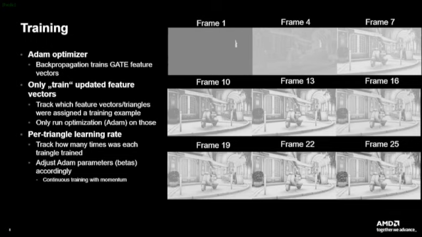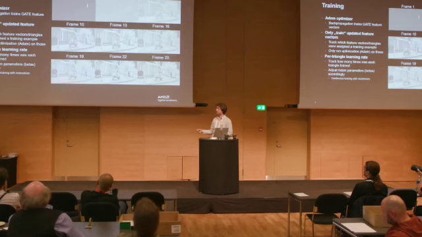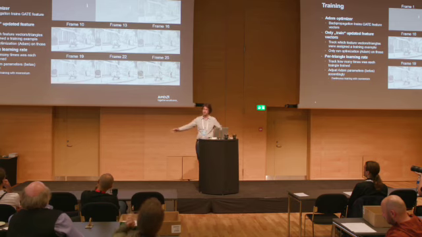With our solution, we can do this perfectly. We only run Adam on triangles that have actually been trained, which were assigned a training sample. And it's actually a must for our implementation because we cannot run a dispatch call big enough to cover all of the feature vectors over all of the geometry. That would be too much.